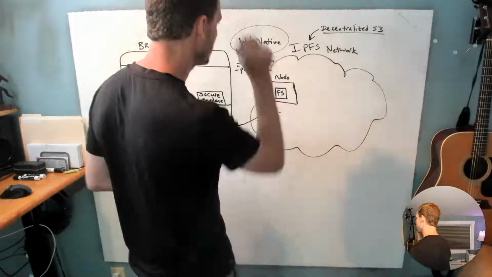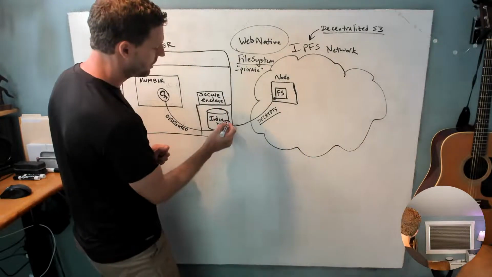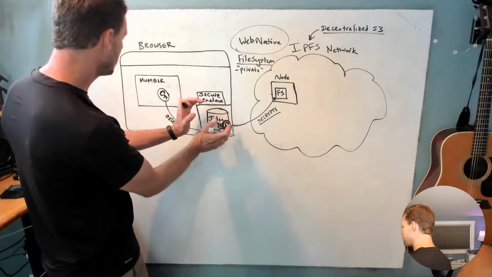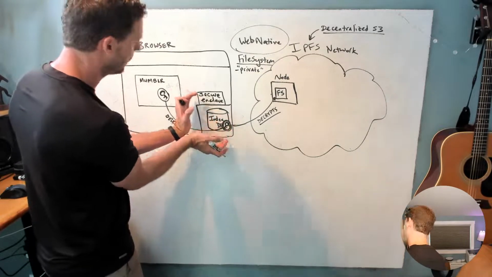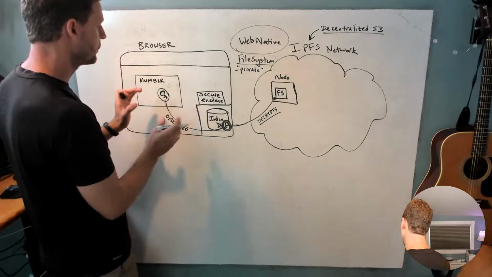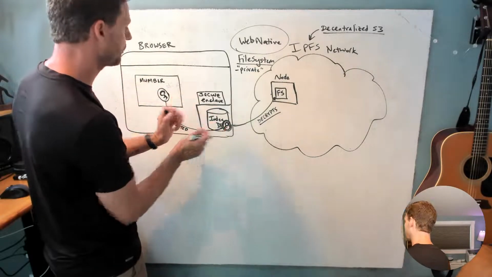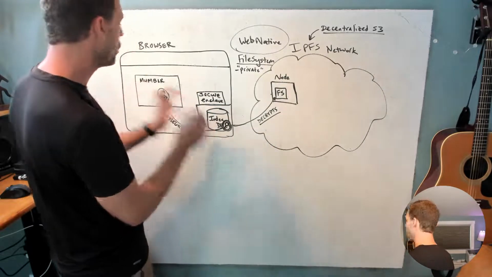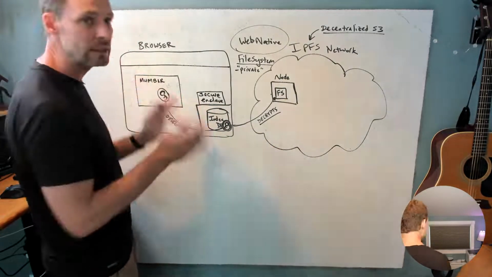And what is it encrypted with? Well, it is encrypted with this key that belongs to the user. And now I've deliberately represented this IndexedDB secure enclave as separate from the Mumbler application, right? So this lives in your browser, but it is not scoped to the application, at least as far as I understand.